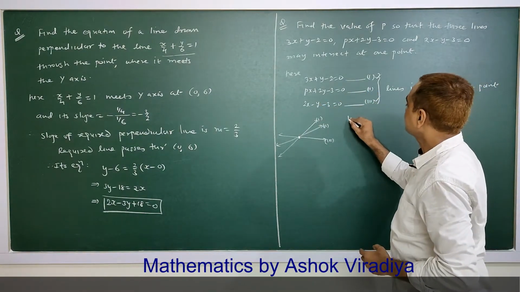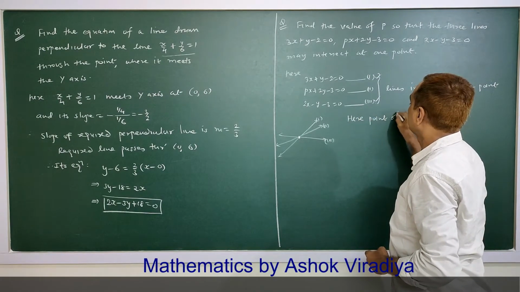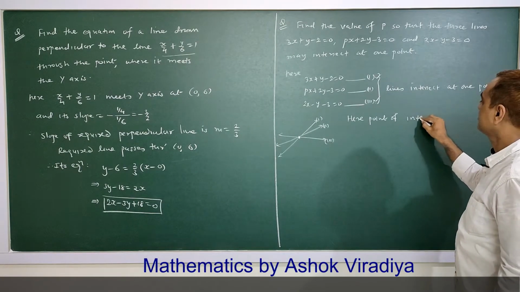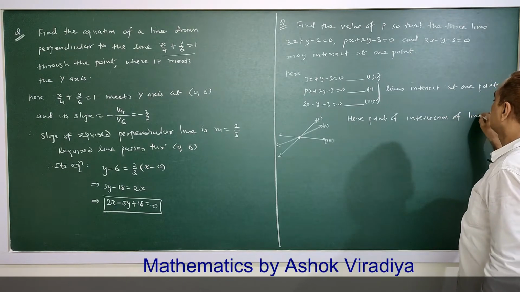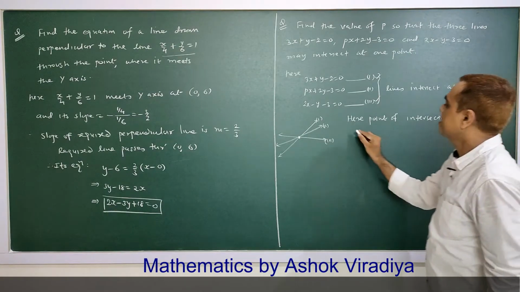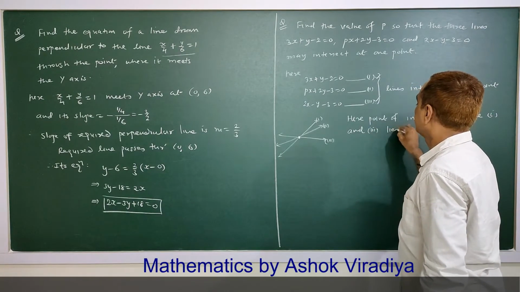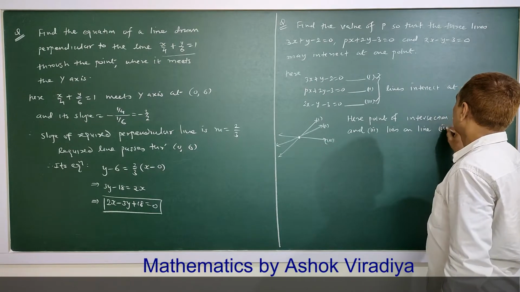So here we can say the point of intersection of line 1 and line 3 lies on line 2.